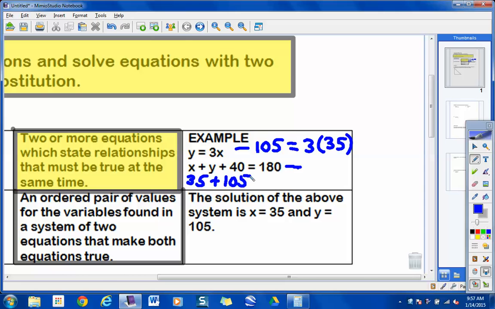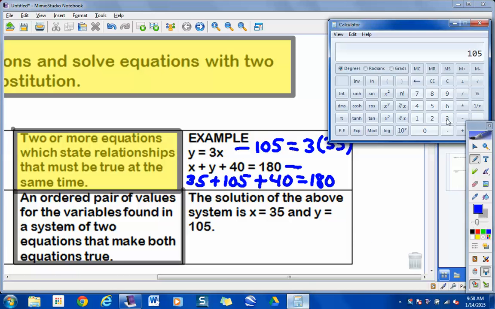That has to add a 40. This should equal what value? 180. Okay. Guys, notice for both x's, what value did I put in each time? 35. And what did I put in for y each time? 105. When I add these values up, 35, 105, and 40, does that add up to what we were supposed to equal here? Did I get a true statement there?